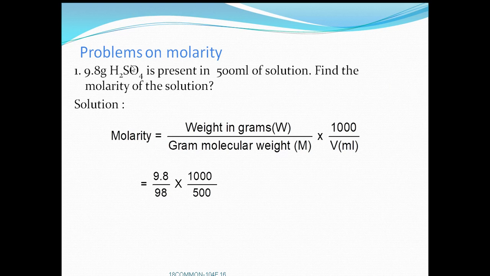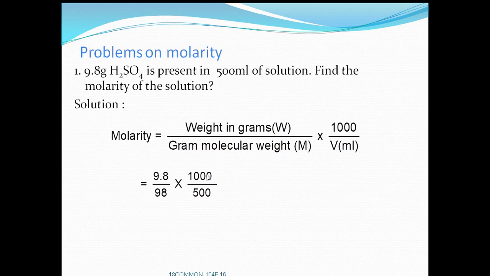Next, oxygen: one oxygen is 16, so 4 oxygens, 16 into 4, 64. Now 34 plus 64 is 98. So gram molecular weight is 98, into 1000, and the volume is 500 ml.